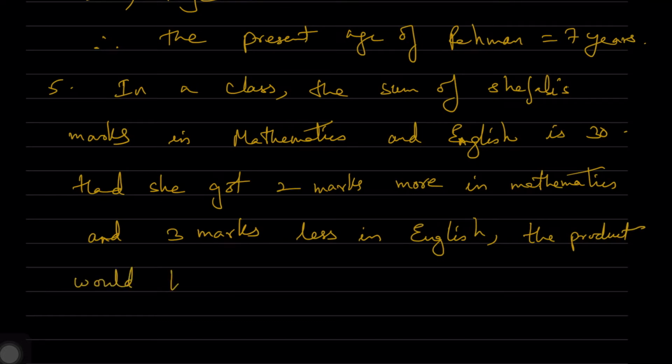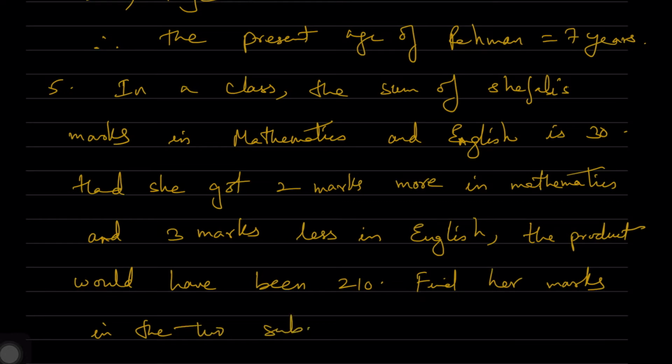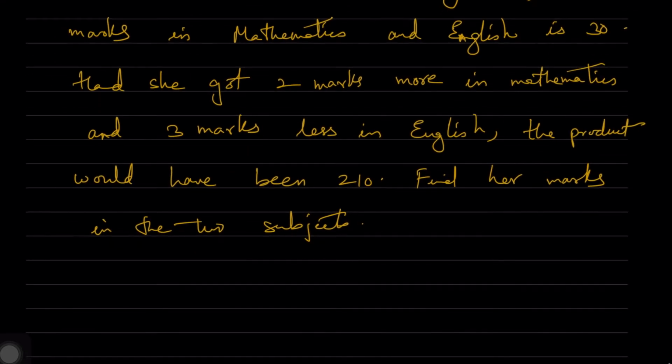Find her marks in the 2 subjects. So if she would have got 2 marks more in math and 3 marks less in English, the product would have been 210.